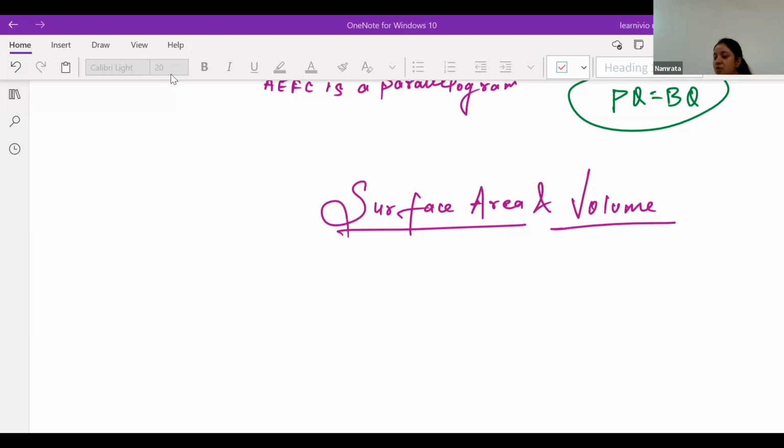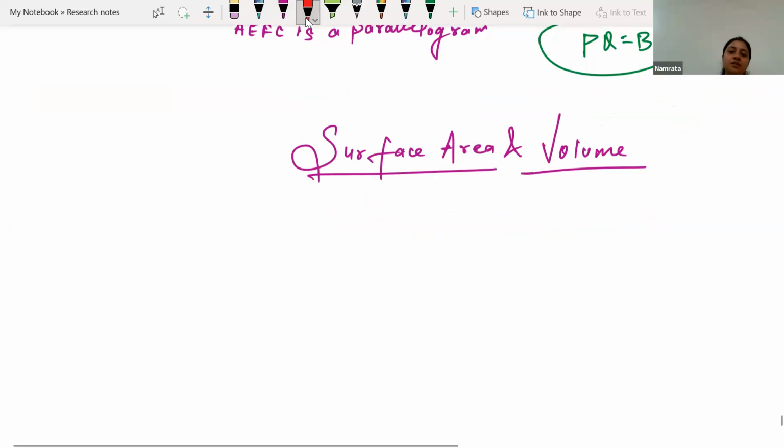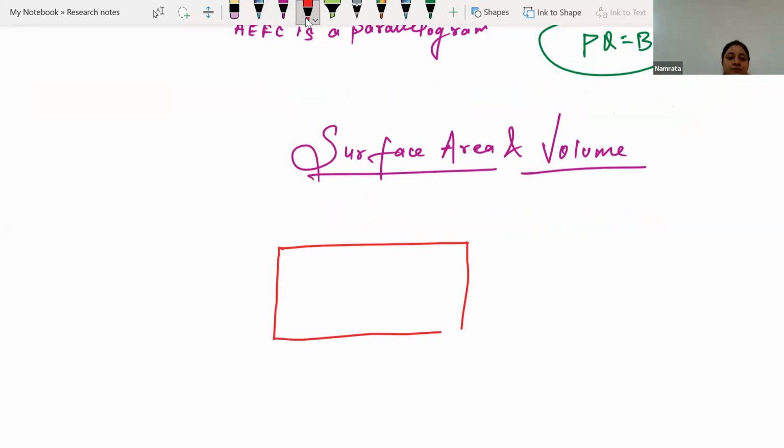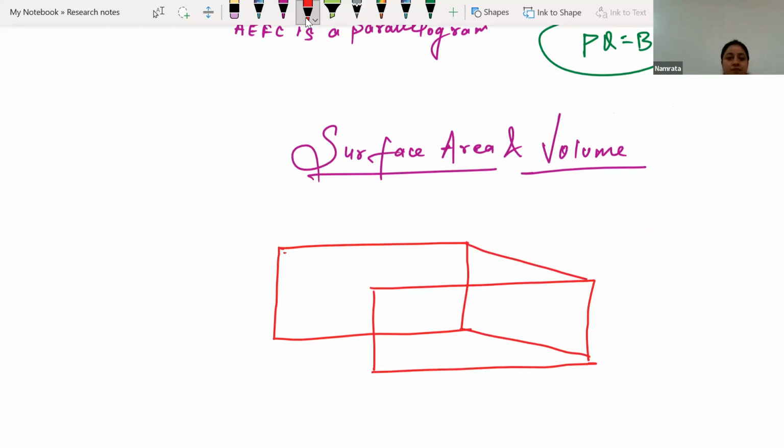Yes, ma'am. So let me draw the figure. We have a cuboid which is made up of rectangles only. What is the surface area of the cuboid's formula?